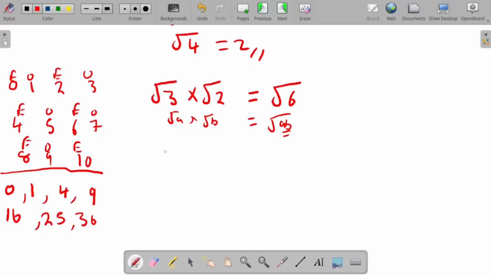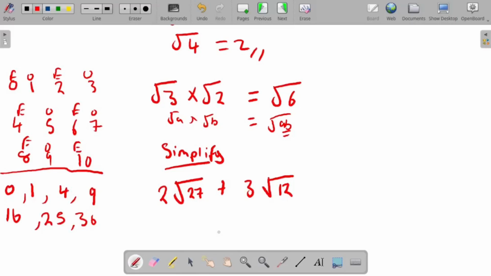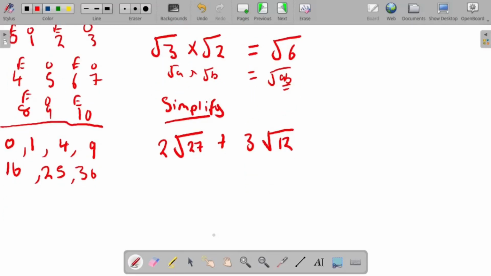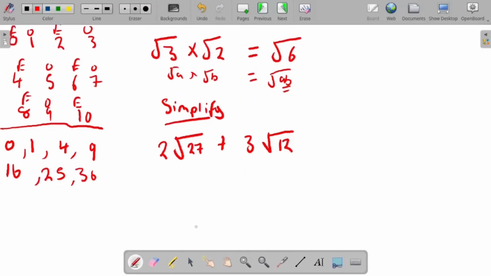But here's the thing. You can be given a question to say, maybe simplify 2 root 27 plus maybe 3 root 12. So here is now the importance of knowing those numbers.